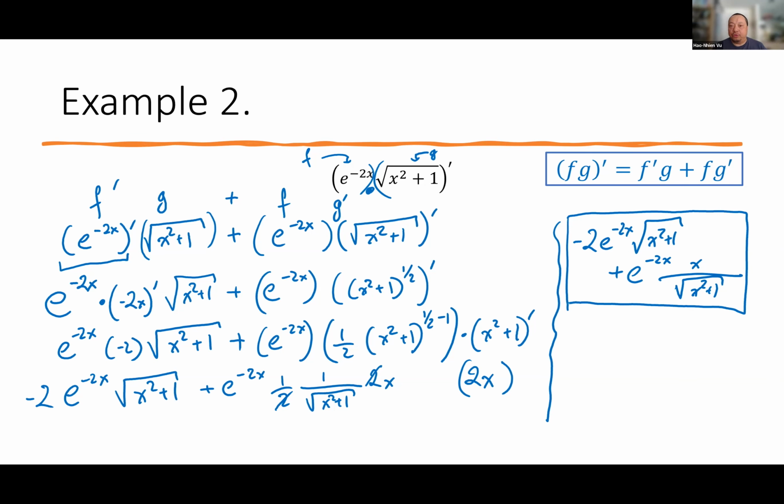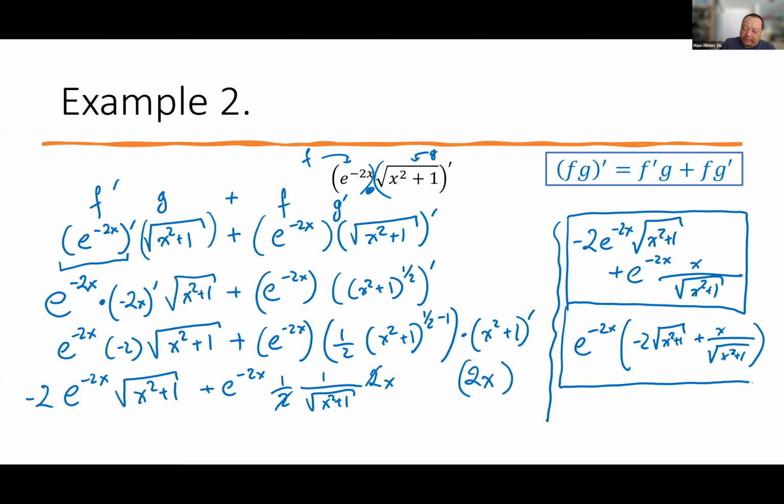Some people like to do some extra algebra. Let's say they factor out the e to negative 2x. They may try to do common denominator, but I'm looking at it and I don't see any advantage from that. You could factor out the e to negative 2x, and then you end up with something like this.